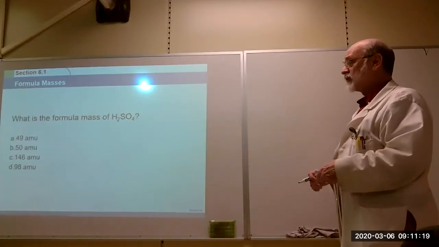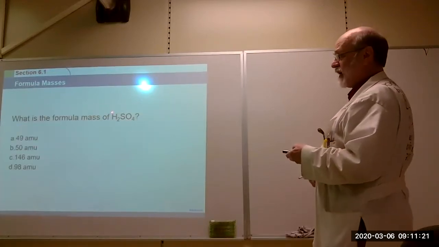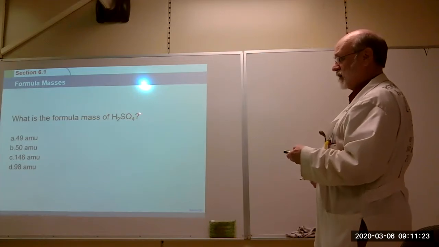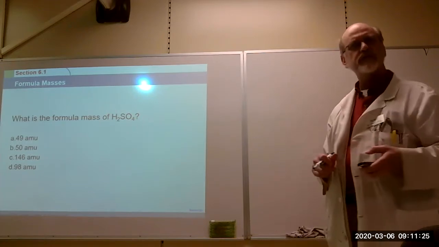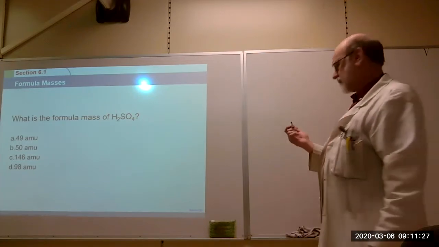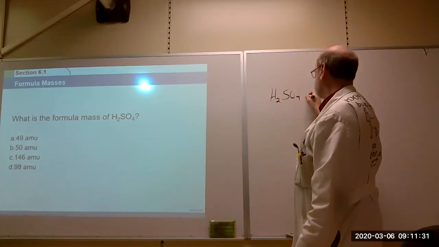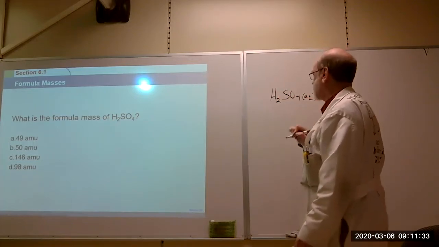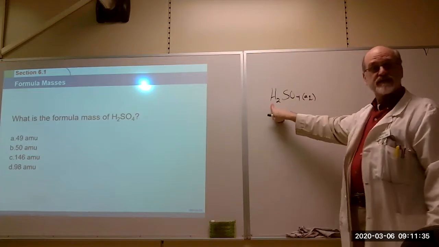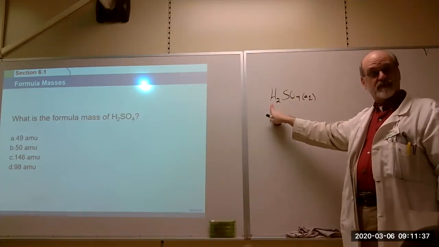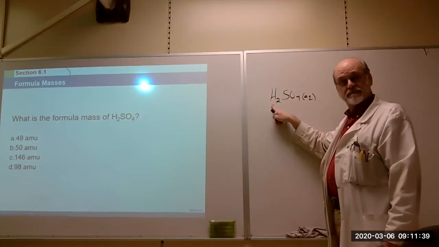Okay, so what's the formula mass of this compound, which is what? Assuming it's an aqueous solution. Right? So if this is an aqueous solution, this says it's an acid, preceded by hydrogens. Right?